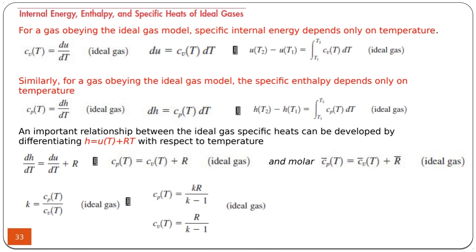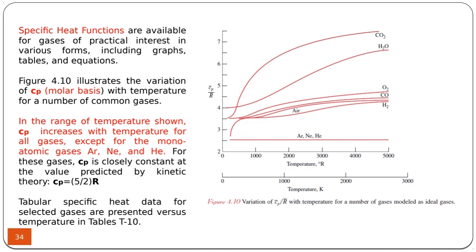internal energy and enthalpies. As an example, some gases, for instance, carbon dioxide, water vapor, oxygen, carbon monoxide, hydrogen, their specific heats vary with temperature in an increasing tendency. But in monoatomic gases, the noble gases, the specific heats do not change with temperature, they're constant.